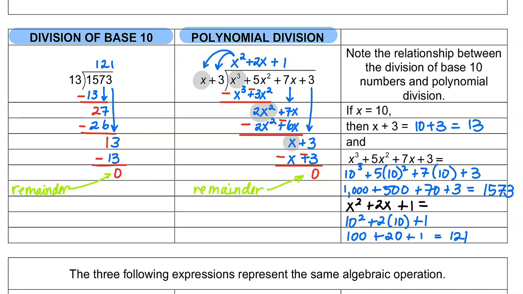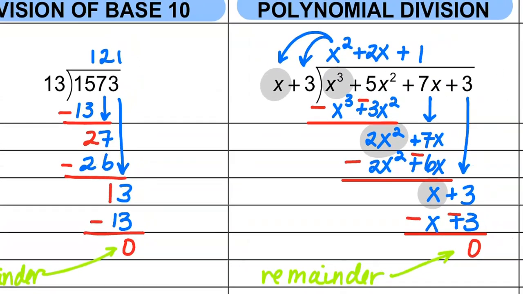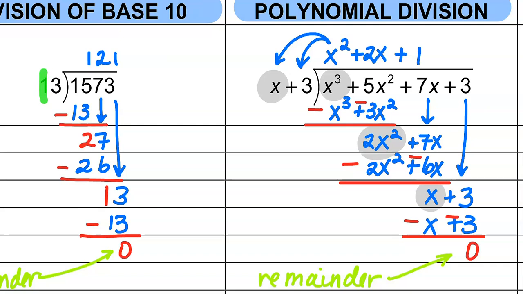Notice that I actually picked a polynomial where you can see this relationship really clearly. You don't always see this relationship this clearly, but notice here, this is 1, 3, and then do you see a 1 and a 3 here? See that? Notice 1, 2, 1. This is 1, 2, 1. This is 1, 5, 7, 3.